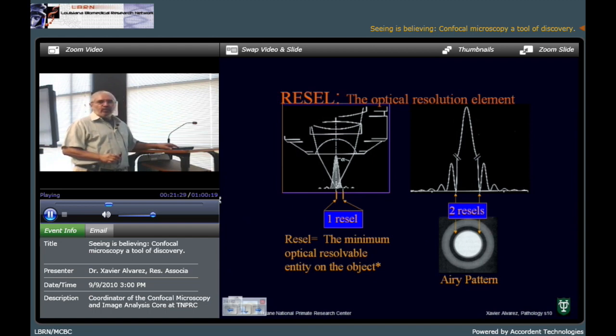All right, something that comes out with a confocal microscope is what is the resolution that we get. We define the resolution in a confocal microscope differently than in normal microscopy, where it is just the separation of 2 points.